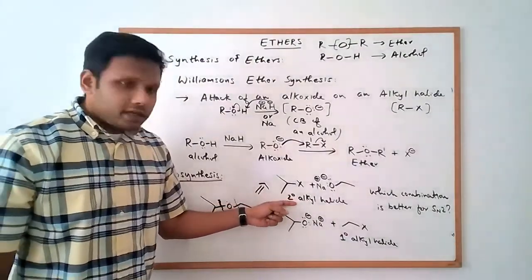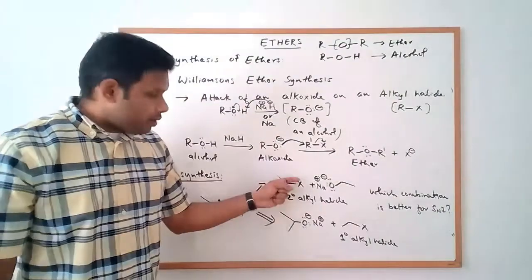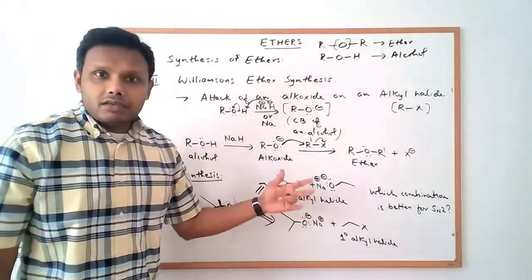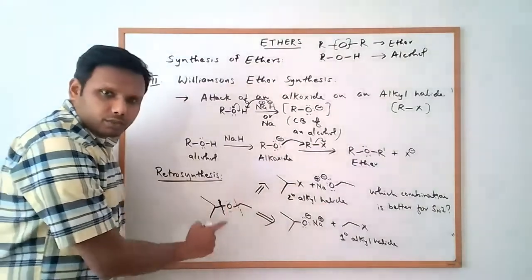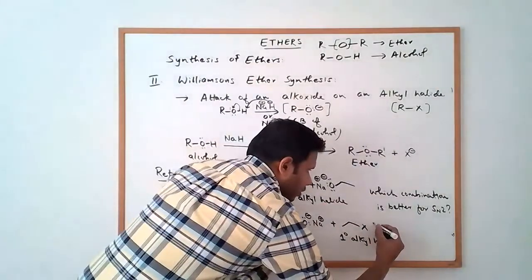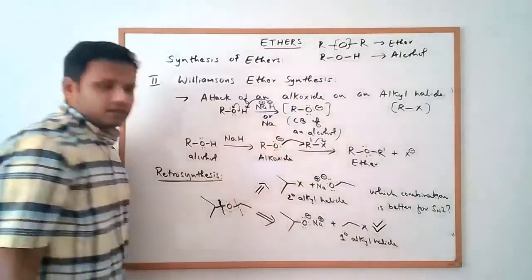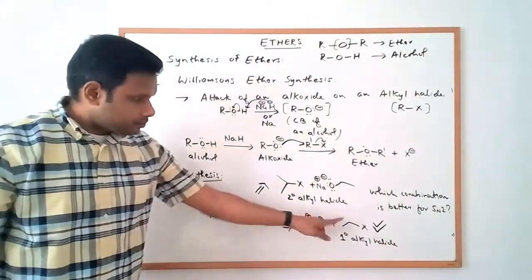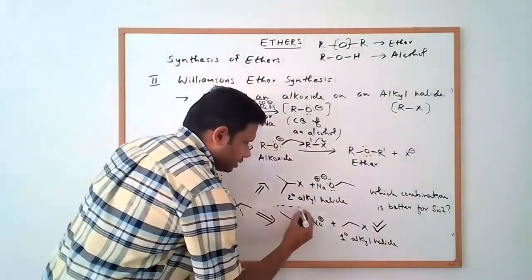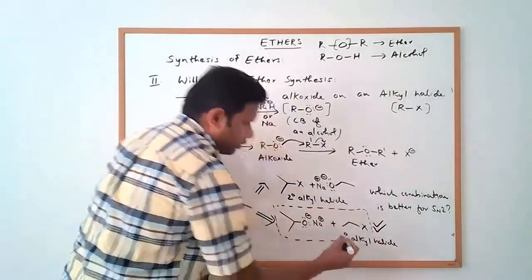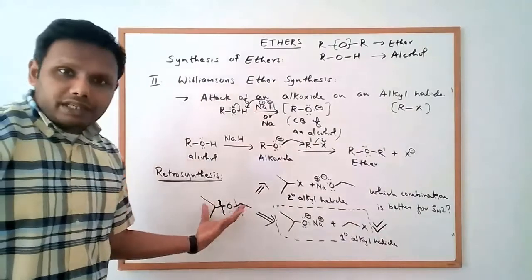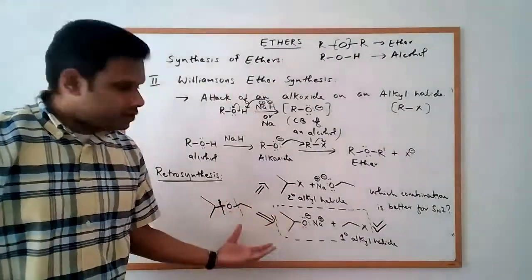A secondary alkyl halide can still give you an SN2, but you would also see a competing E2 reaction. So for making this ether product, the better combination is the second option, okay? This is going to be the option of choice. That would give us more yield, more product. It's a better reaction to do.